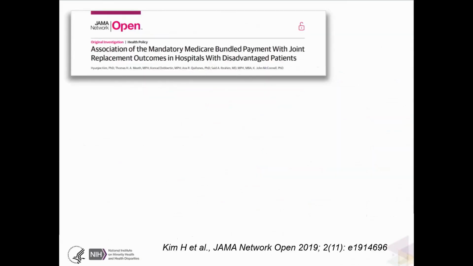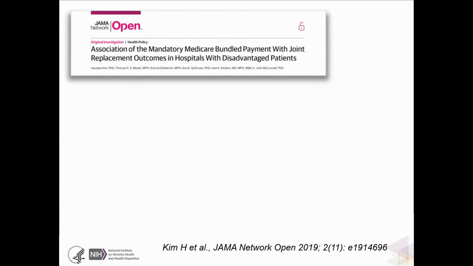Now, let's take a look at an example of the potential effects of healthcare policy on health outcomes and disparities. In this particular paper, the authors examined the changes in spending and care of patients from disadvantaged populations who underwent joint replacement after the implementation of a new policy by Medicare.